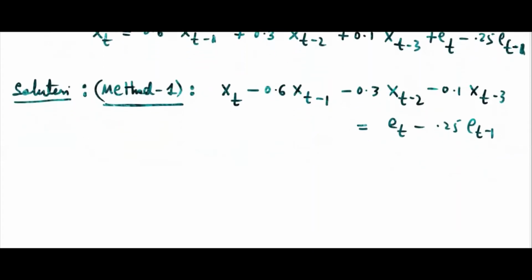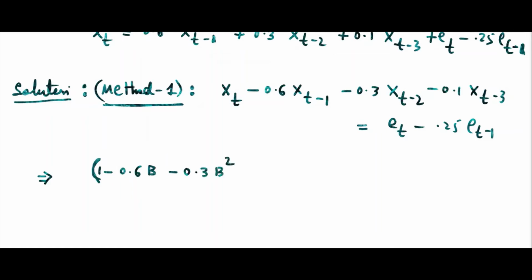Now this one will not make anything, you know, we can write in the form of a polynomial. In the left hand side, you write using b, xt minus bxt, that is xt minus 1, okay. So if I take xt common here, I will get 1 minus 0.6 b here. I have taken xt common from here, minus 0.3 b square xt.